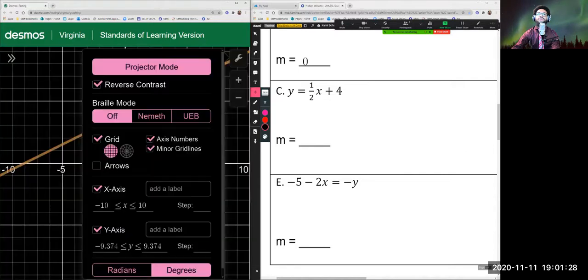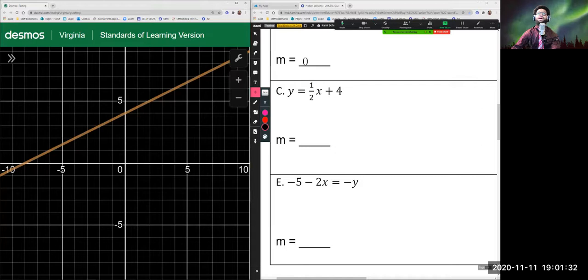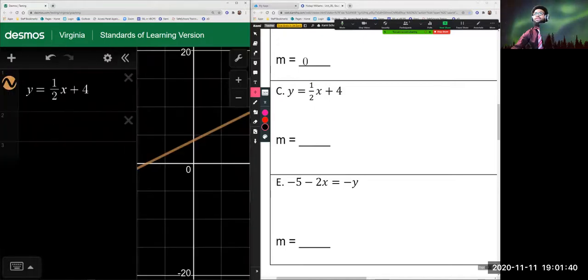This is reverse contrast. I actually kind of enjoyed that. I like the colors there. All right, in projector mode, we see our lines are bolded, our axes are bolded. This slope is increasing. It's going up left to right. And then the slope of this line is just going to be this number right next to x, which is going to be 1/2. So our slope here is going to be 1/2.